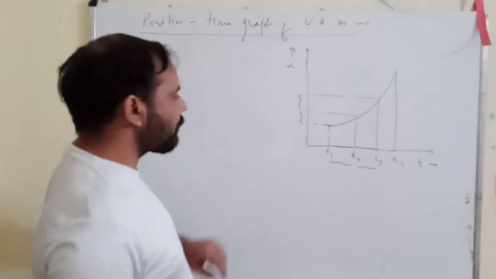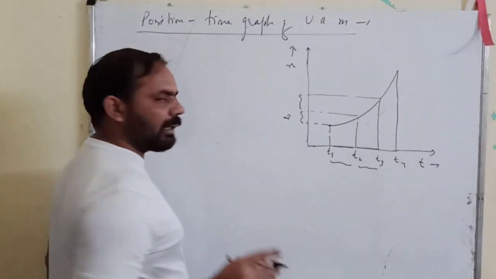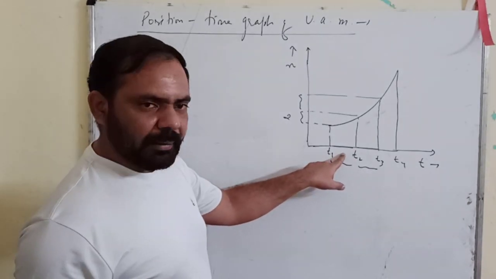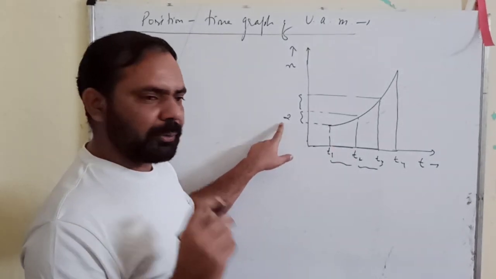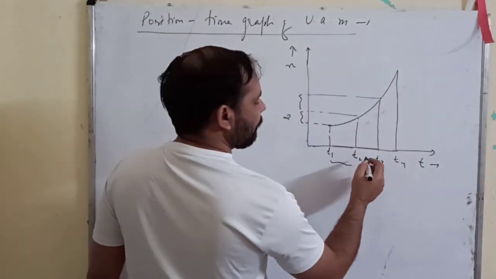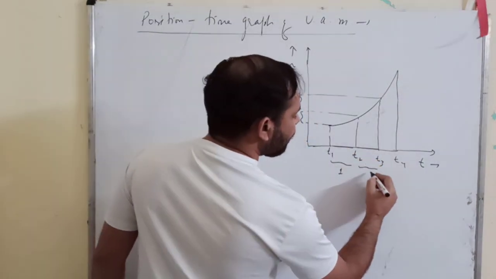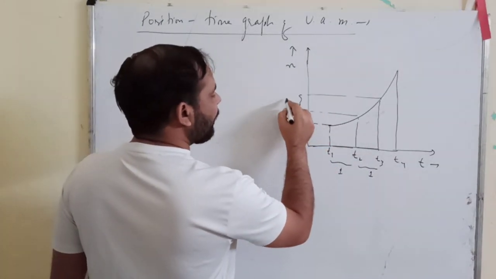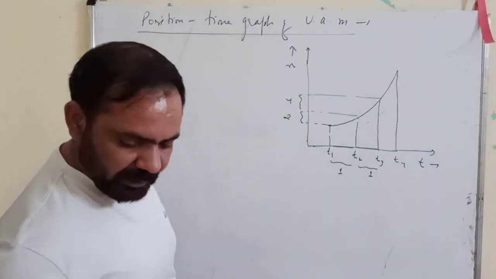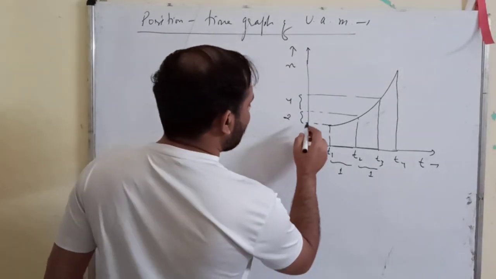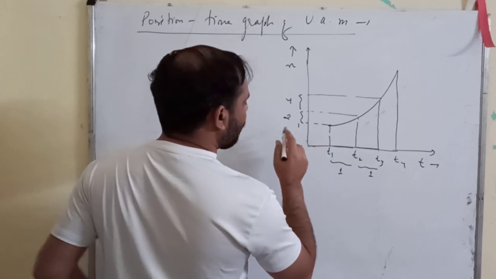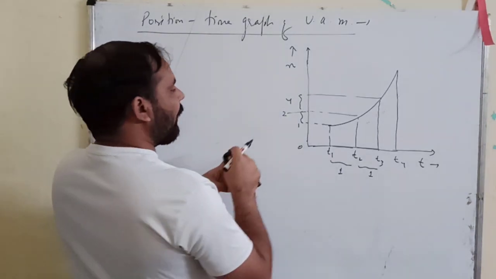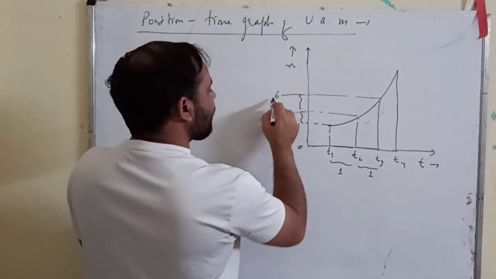Suppose for example in the first interval you get a displacement of 2 units. Just giving you an example. In the second interval, suppose this is 1 second, in the next 1 second you get a displacement of 4 units. It means that if this point is 0, this is 1, then this point is 2, and then this point should be suppose 6.